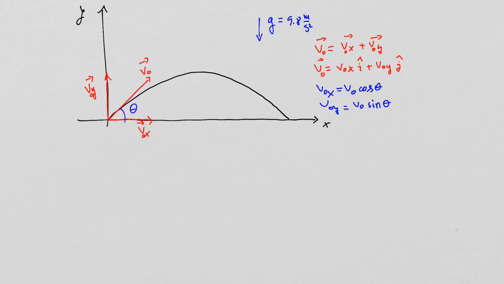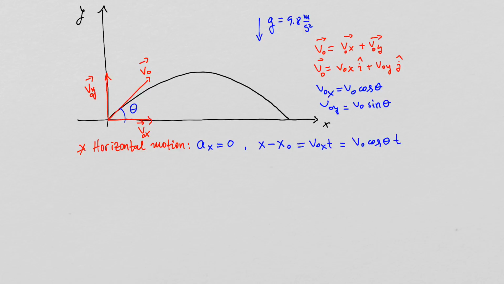So let's summarize those results on this slide. The horizontal motion happens with acceleration ax equal to 0. And so because of that, the horizontal displacement x minus x0 is equal to v0x times t, which is also v0 cosine of theta times t.